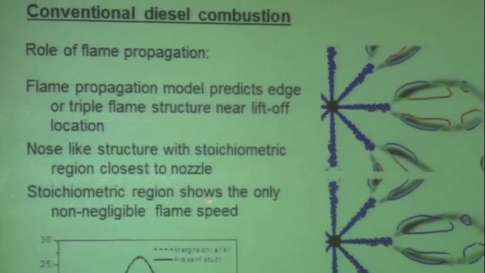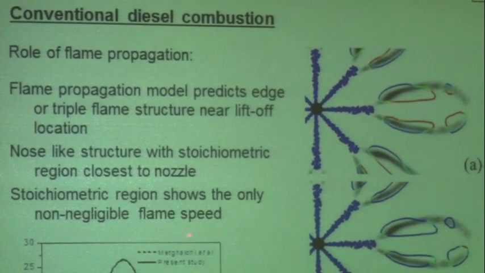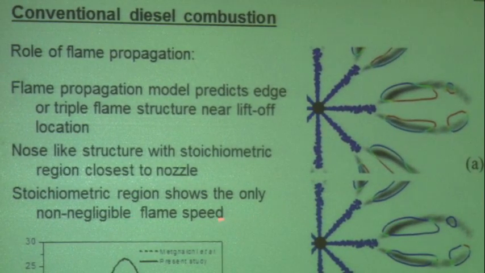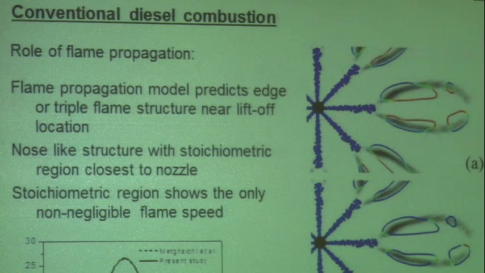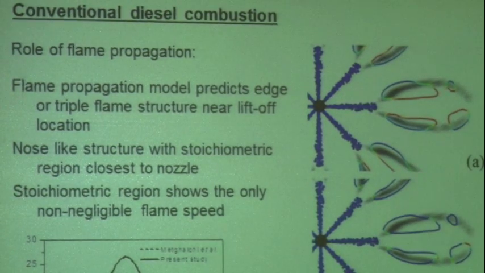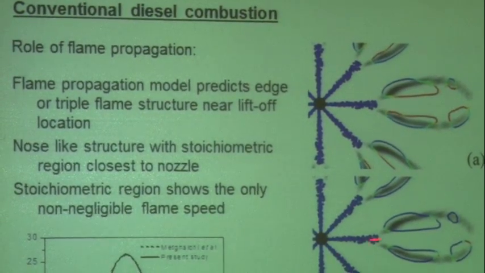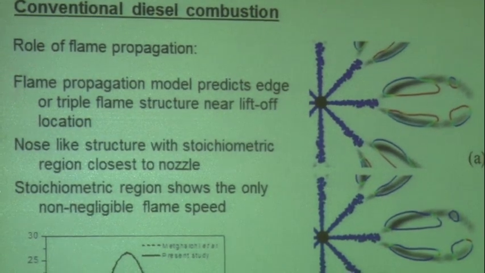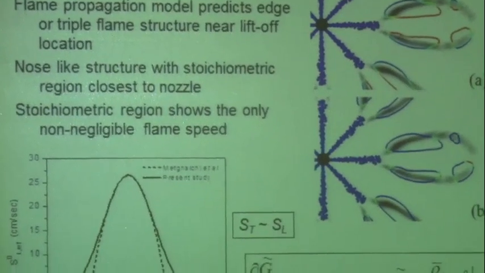And the stoichiometric region is the only part where you see non-negligible flame speed. If you look at the turbulent flame speed, it's very low everywhere, as we discussed when we were talking about turbulent flames, except right here at the liftoff point, where the turbulent flame speed was actually similar to the laminar flame speed.